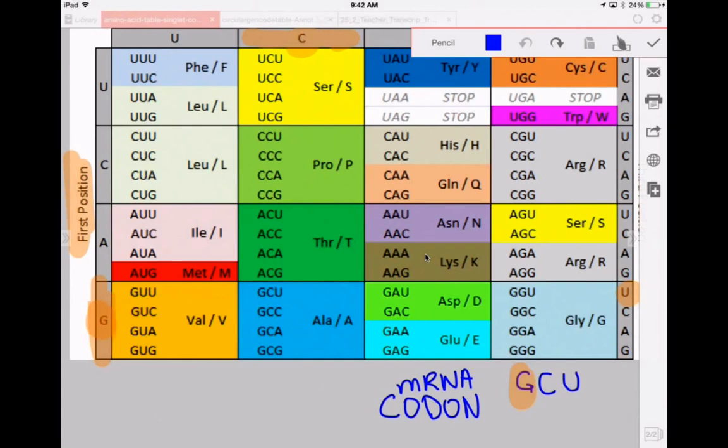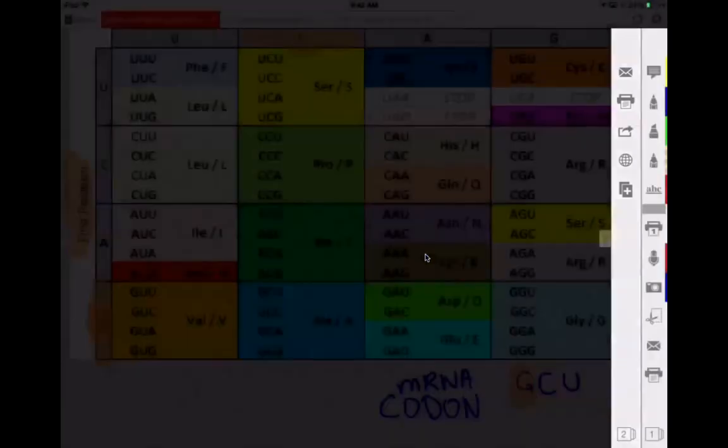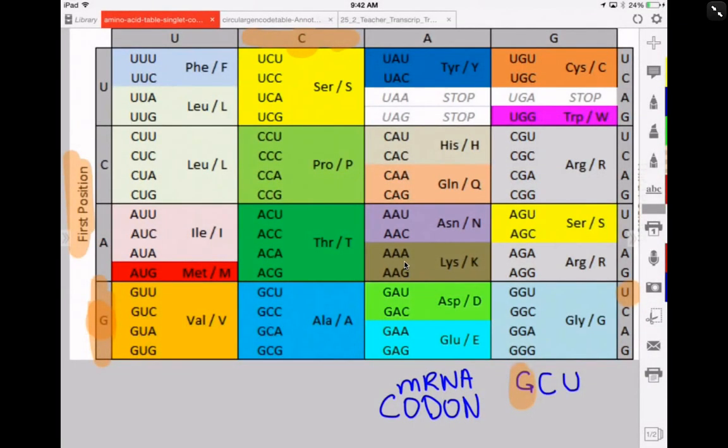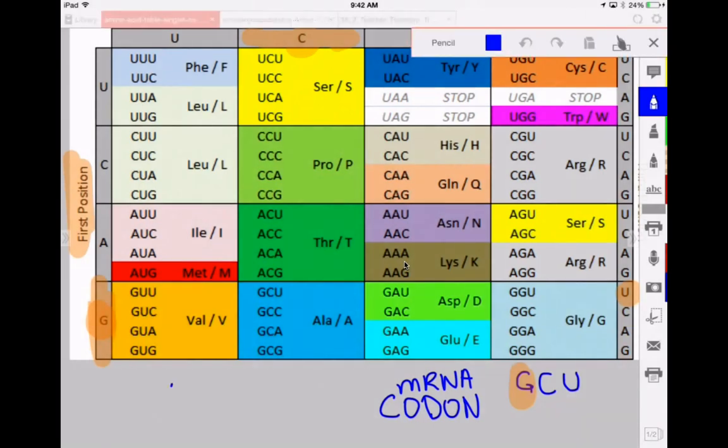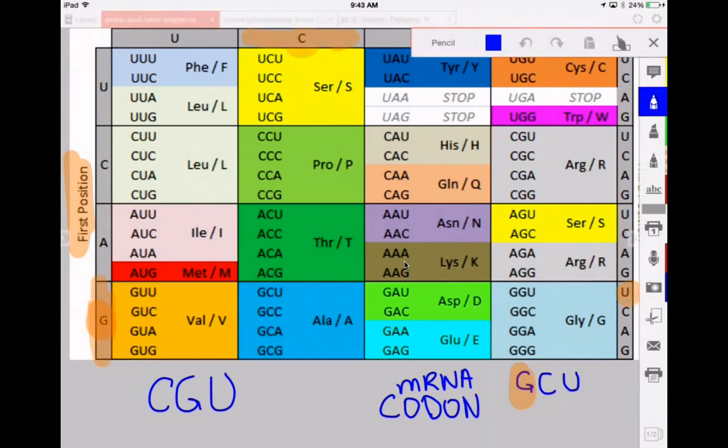I can erase that. Let's pick a different one. Okay, let's pick C. CGU. Well, what might that be? So C is here. This time I'll just use a pen.